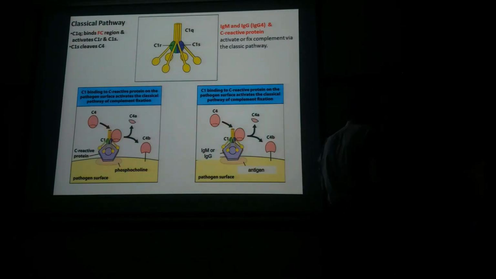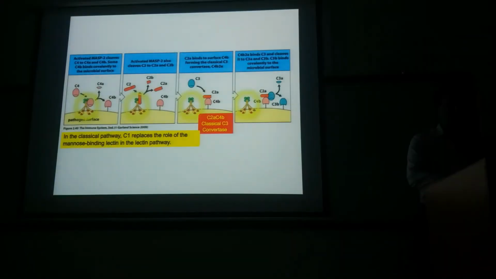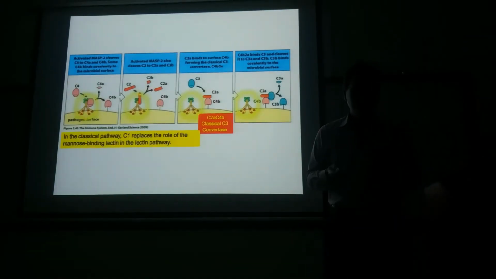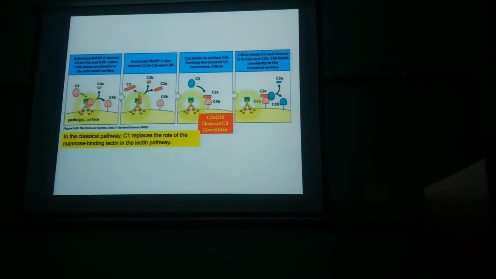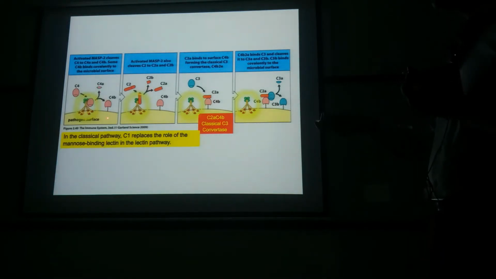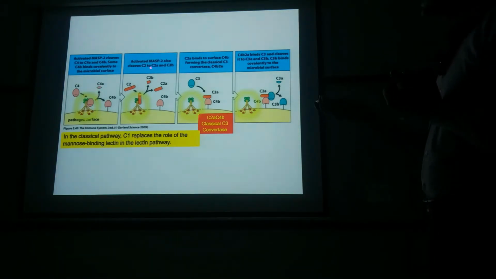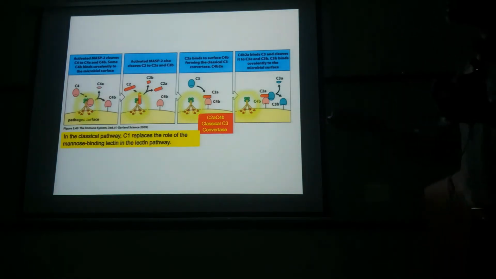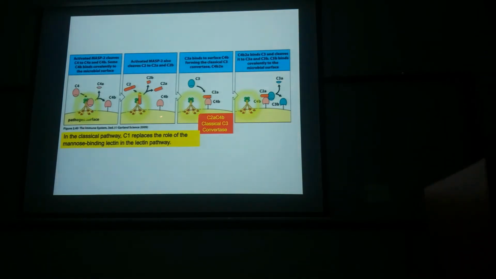Okay, as you would see in the next slide, these things happen in both of these pathways. Okay, so here they are activated. MASP2 cleaves C4 into two parts, as you see here, 4A and 4B. 4B just binds to the surface, then MASP2 cleaves another complement which is C2, and C2 is cleaved.